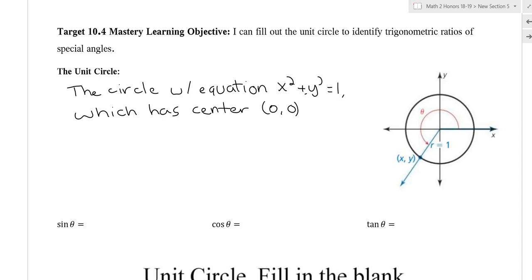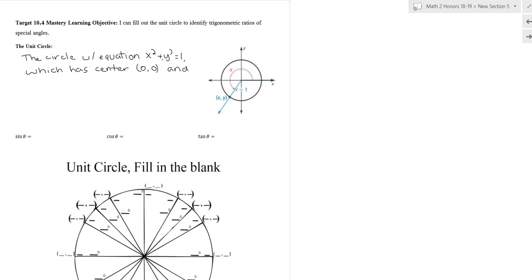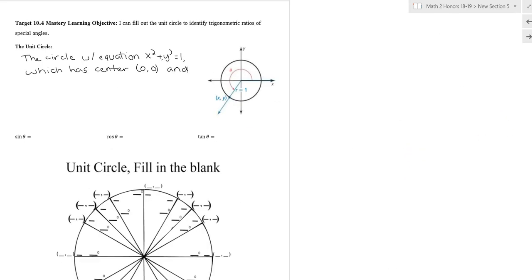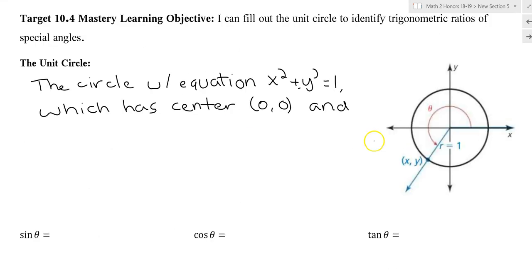Because nothing's being subtracted from x and nothing is being subtracted from y. And radius 1.